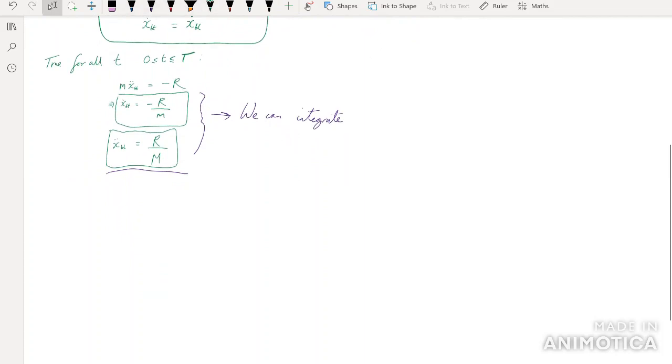So what can we say? Well, we can say these are very easy to integrate because they're just constants at the moment. So integrating the bullet one, we get x dot bullet equals minus r over m t plus some constant of integration.